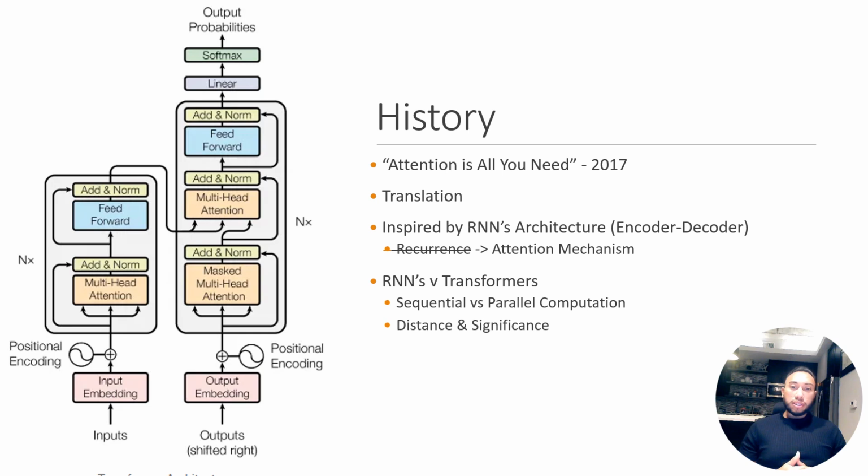The second reason is the distance and significance aspect. And so one of the problems with RNNs is that as a piece of text got larger, the relationship between words was actually lost.